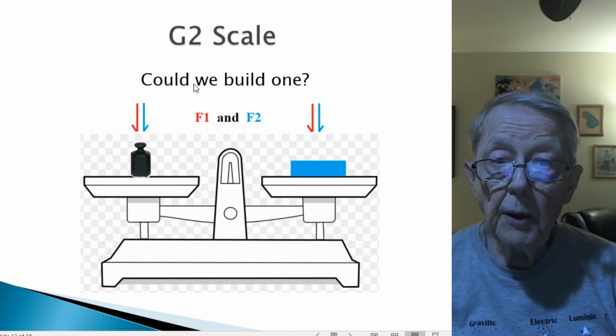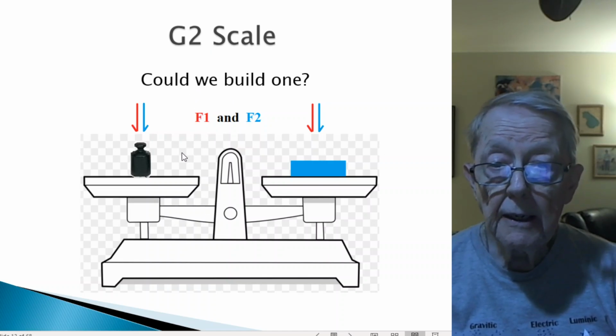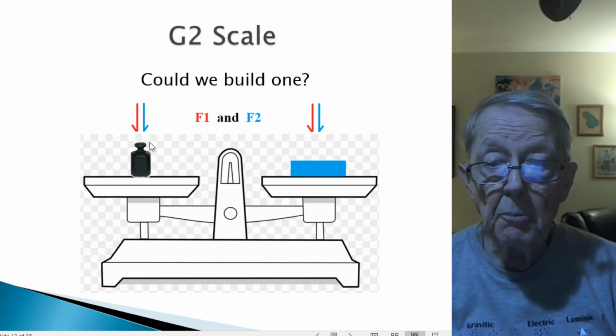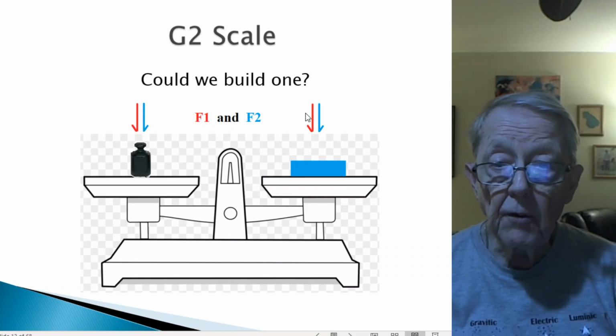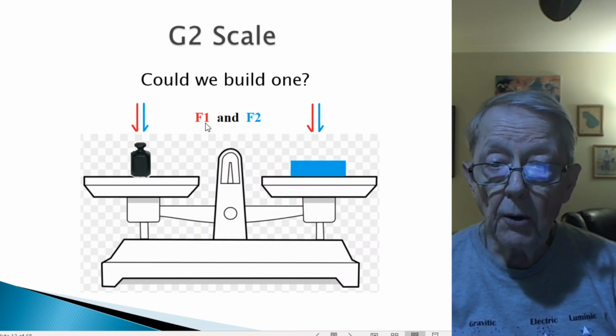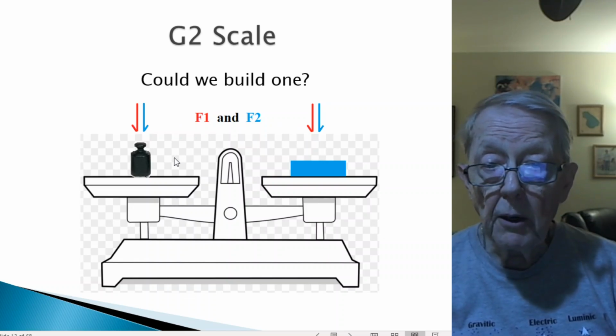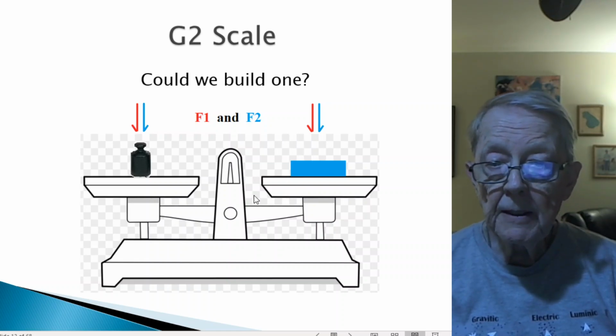How about a G2 scale? Could we build one of these? Yeah, this is the same drawing, because why? You can't get rid of G1, or the net force of G1 gravity. They're both there. But could we build one, and could we somehow, with this needle, tell us what the G2 mass is?